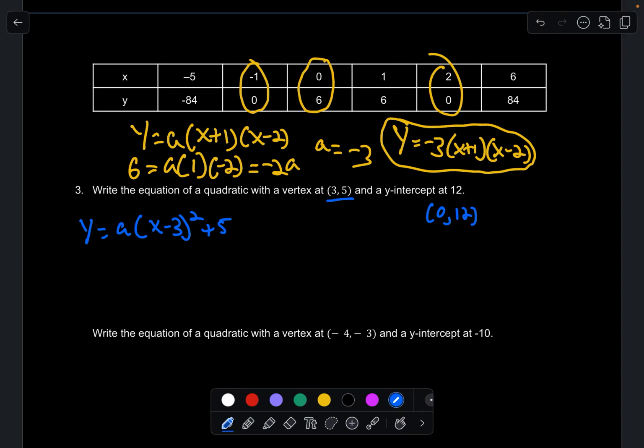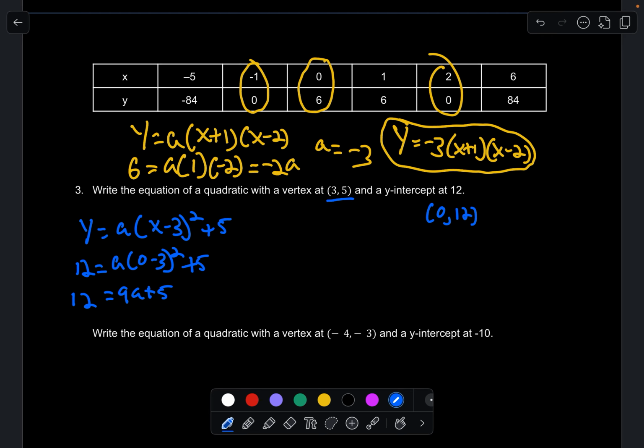So plugging that in, we got 12 equals a times (0 minus 3) squared plus 5. That equals 9a, because 0 minus 3 is -3, squared is 9. Plus 5, and this is 12.